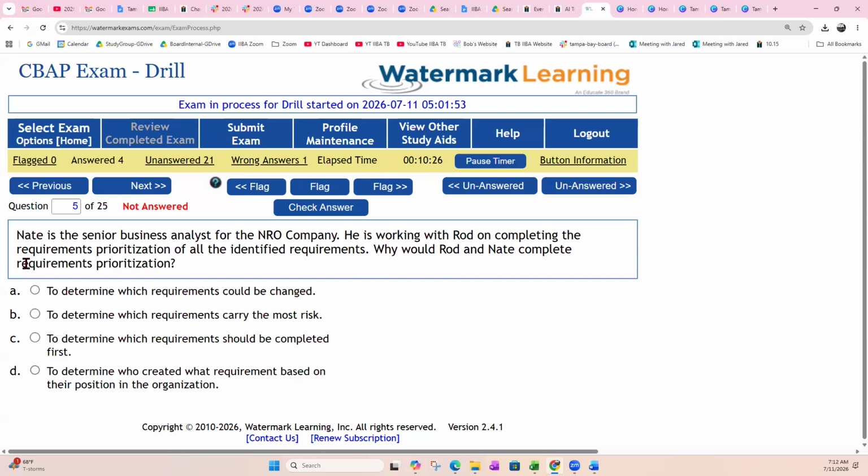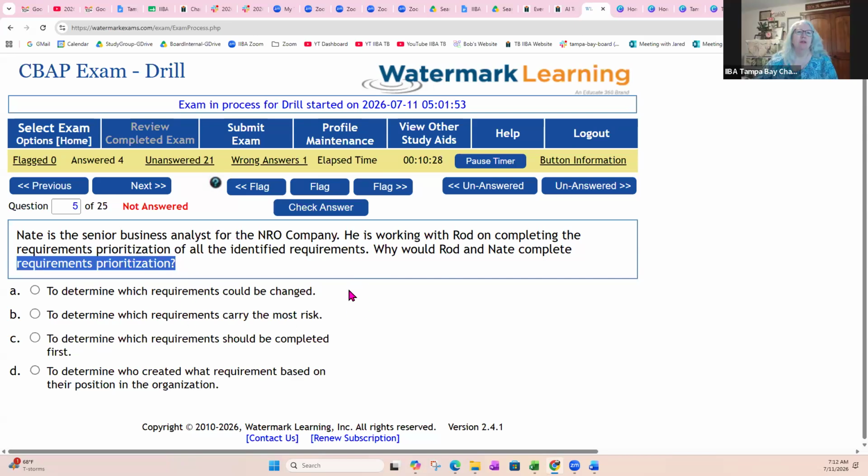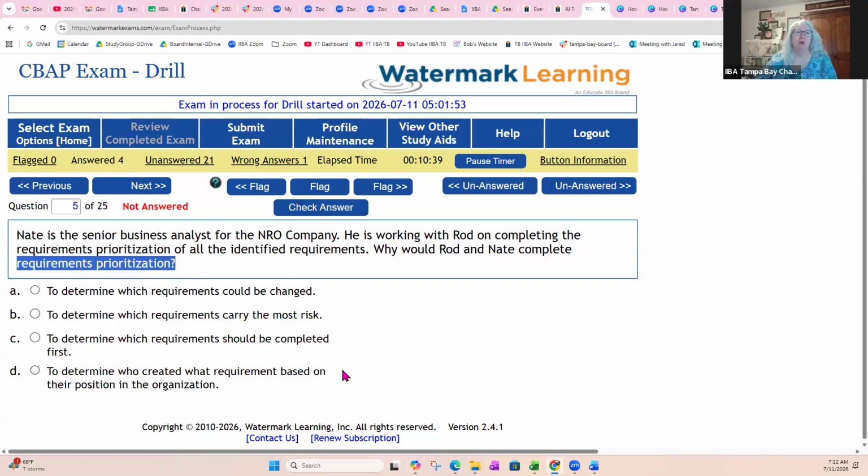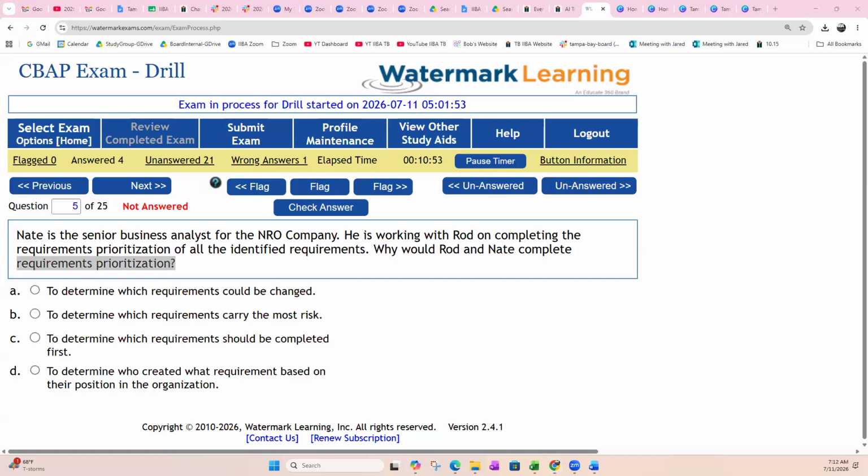To determine which requirements could be changed, which requirements carry the most risk, which requirements should be completed first, or who created what requirement based upon their position in the organization. So really the question is, what is requirements prioritization? Which requirement should be completed first?